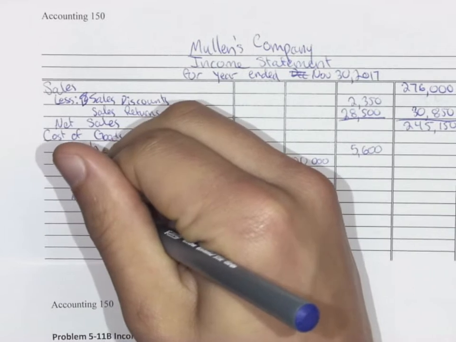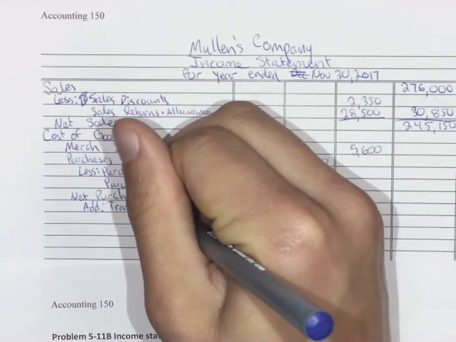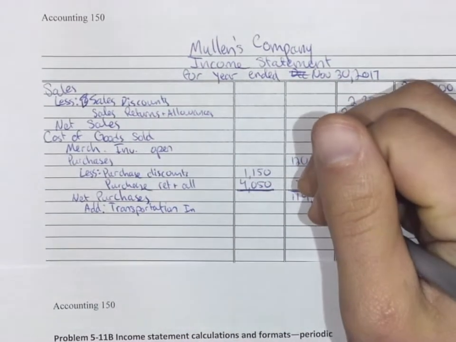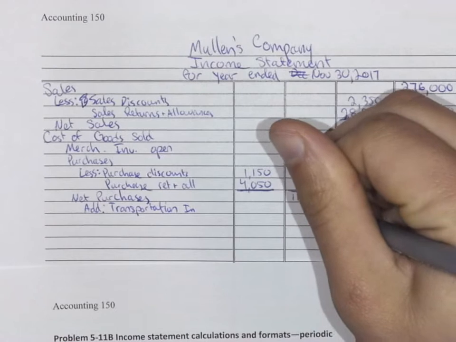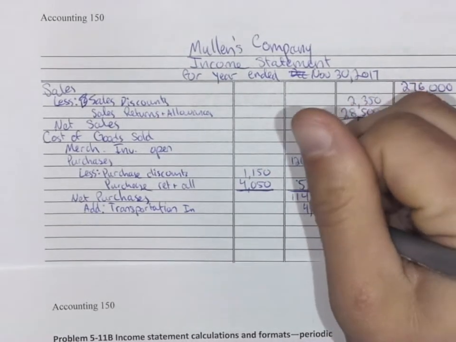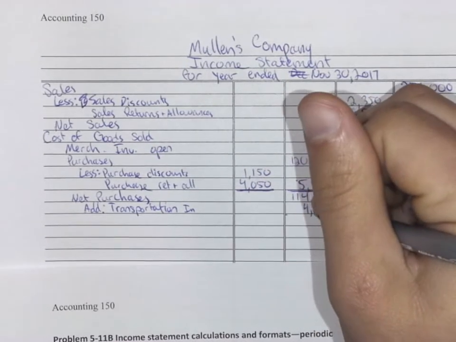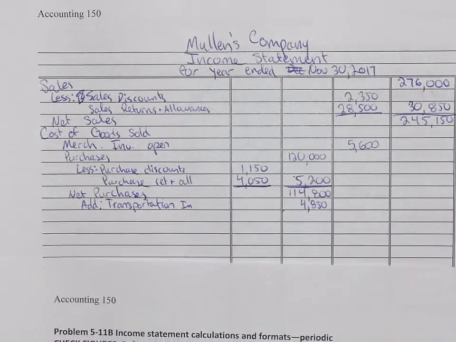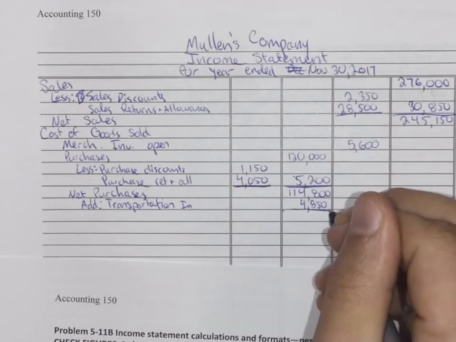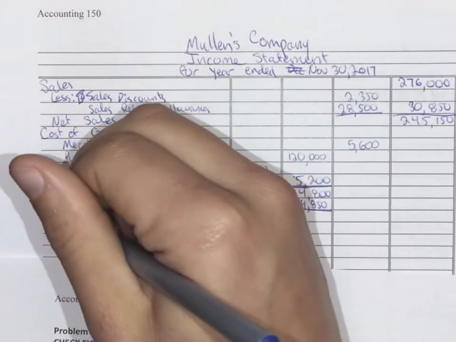So we can add our transportation in. And we get our cost of goods purchased.